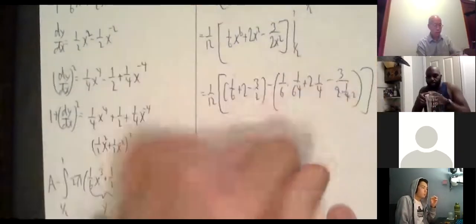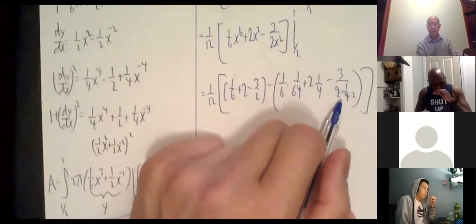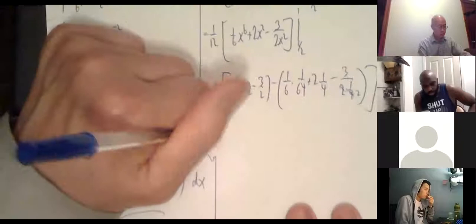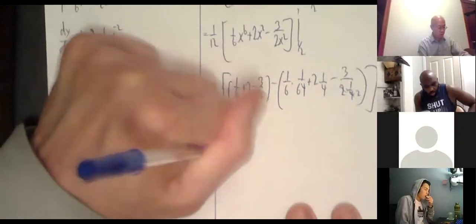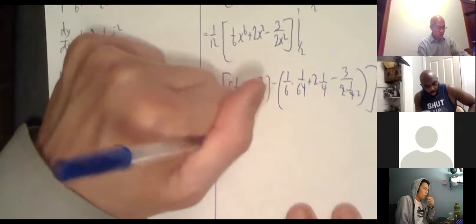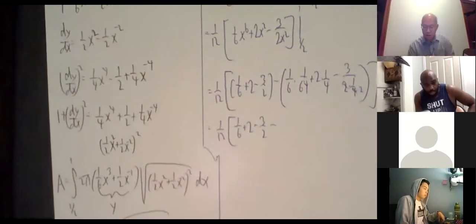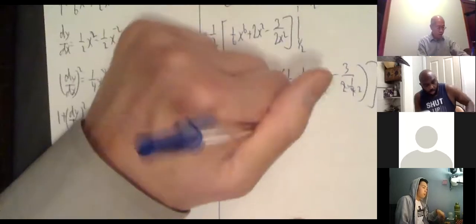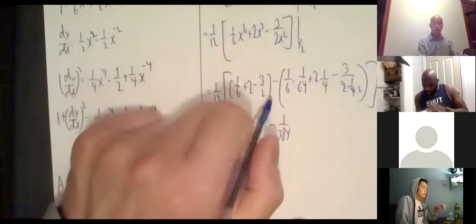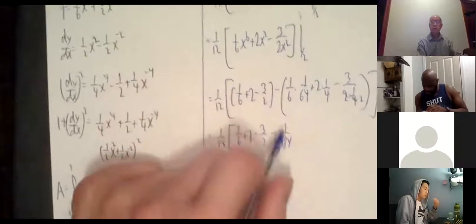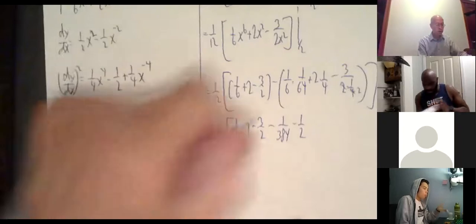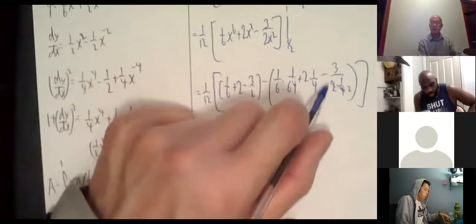So you cancel 2. So it's 3 divided by 1/2, which is 6. So 1/12 times 1/6 plus 2 minus 3/2 minus 64 times 6, 1 over 384, minus 1/2, minus a minus, and we said this was 6, right? 3 divided by 1/2, plus 6.